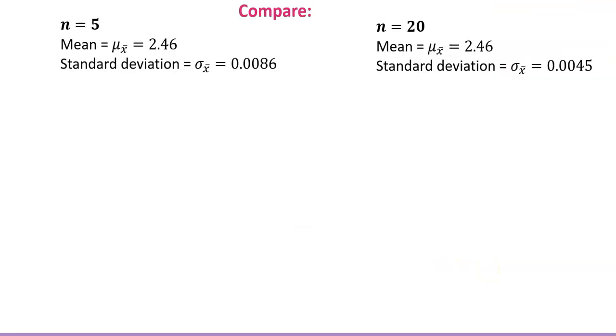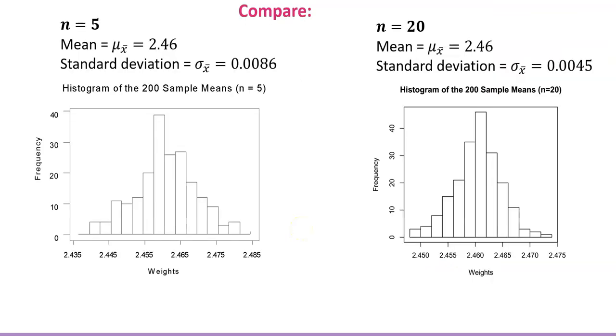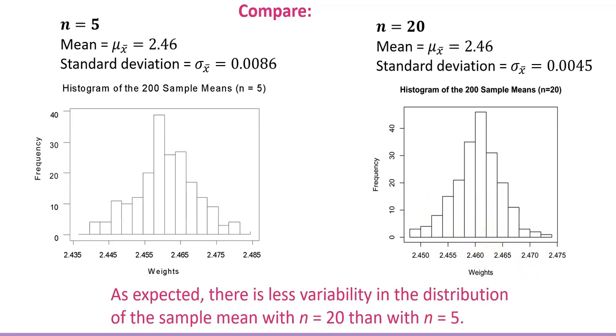Let me summarize all that. What we want to note here is that as we increase the sample size, sample means will be closer and closer to the mean, to the average. So as expected, there is less variability in the distribution of the sample mean when the sample size is larger.